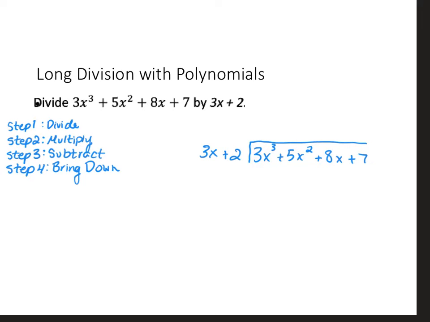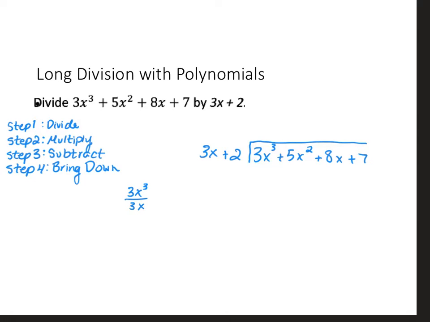So the first step is to see, and we always use our very first term. So we're going to see how many times a linear 3x can go into a 3x cubed. The best way I can explain this is that we're actually doing division here. So I'm essentially saying 3x cubed divided by 3x, and I'm going to reduce that.